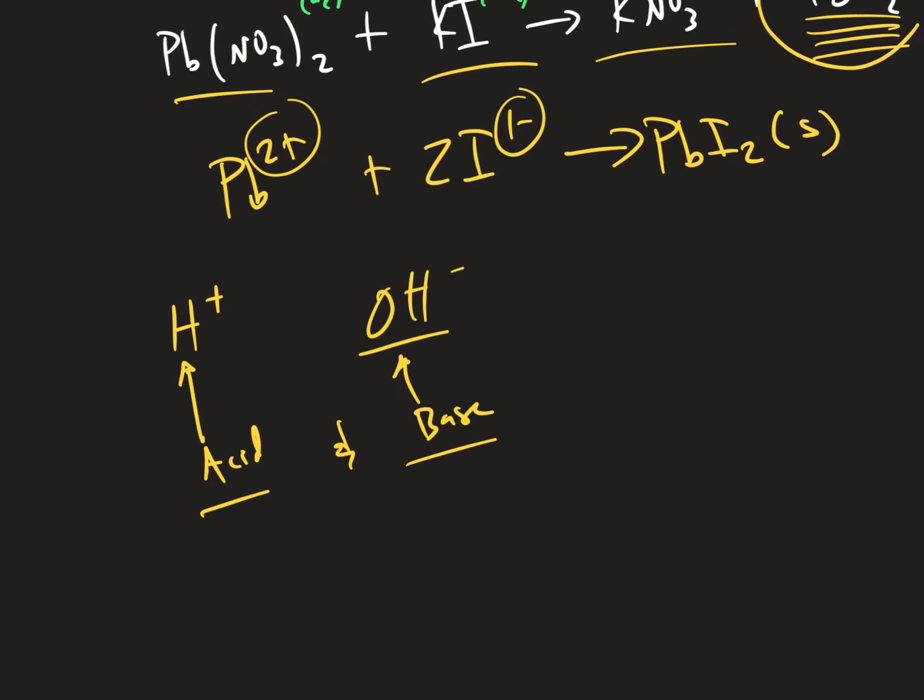How do you tell if it's an oxidation-reduction reaction? If it's not a double replacement reaction. And the acid-base and precipitation reactions are both double replacement reactions. Good?